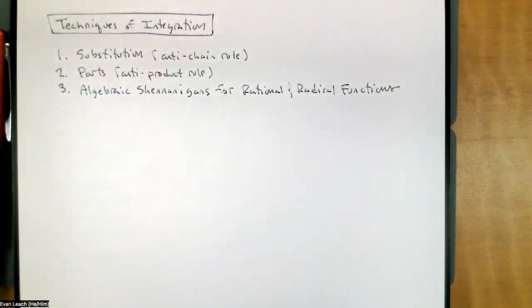So there's some algebraic stuff that we need to know to deal with rational and radical expressions. We've touched on this a little bit with our long division.